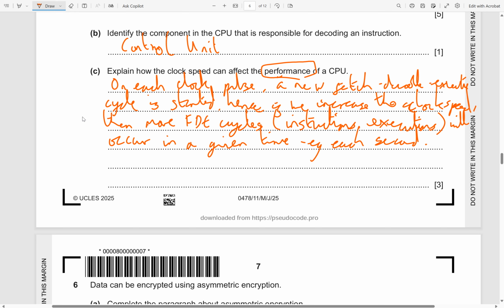Let's maybe mention the overheating, also called overclocking.